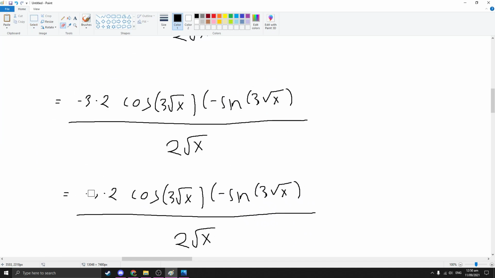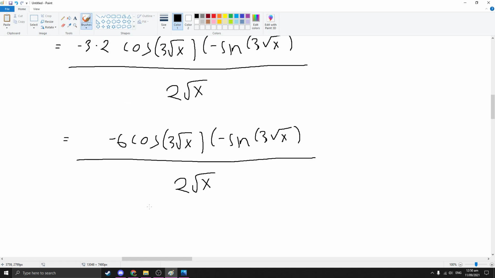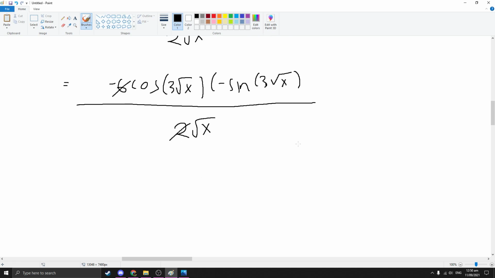For convenience. And then, negative 3 times 2 is negative 6. So, negative 6, pwede mo pa siyang i-factor out. Pwede ka pa mag-cancel ng 6 at 2 dito. So, pag kinancel mo to, negative 6 divided by 2 is negative 3.